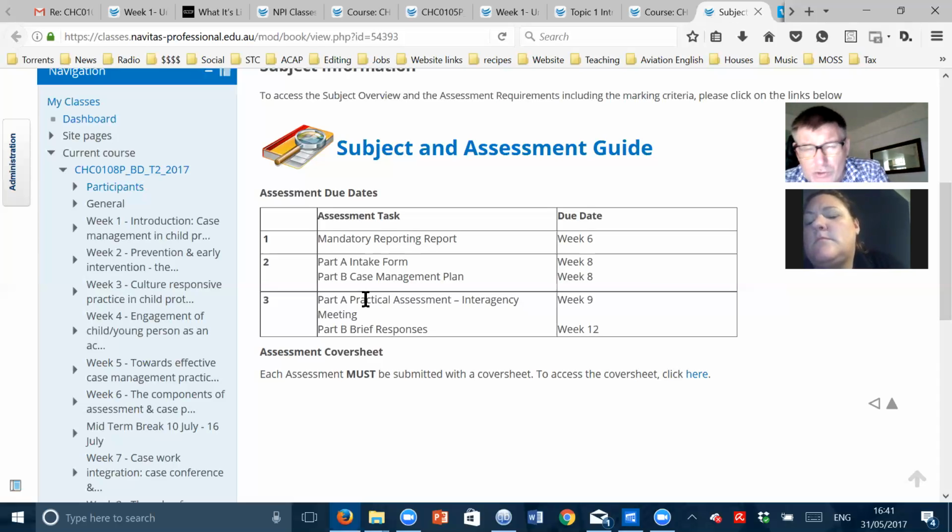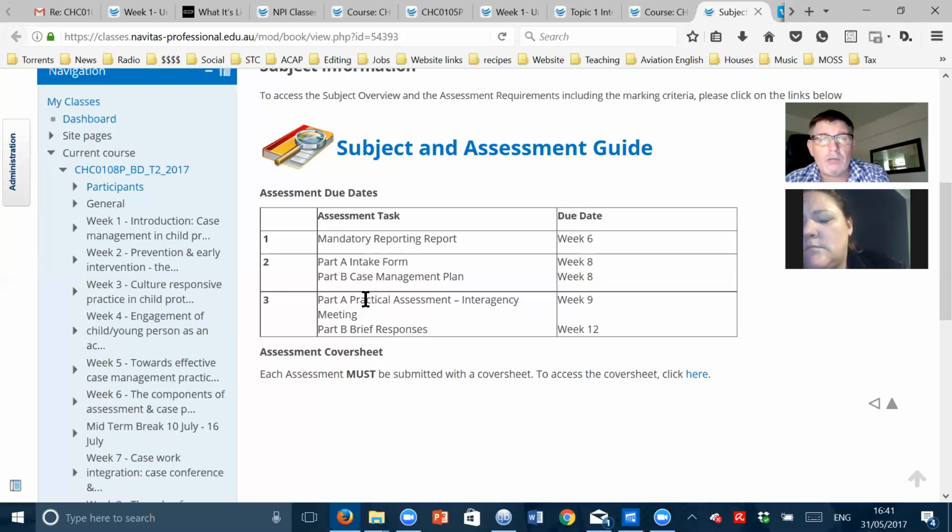This is where the confusion comes in. So what we're going to do before then is provide some information to help you to scaffold your introduction to that meeting. And then finally, there's some brief responses where you have to talk about your experiences in the case conference workshop as the client and as a caseworker.